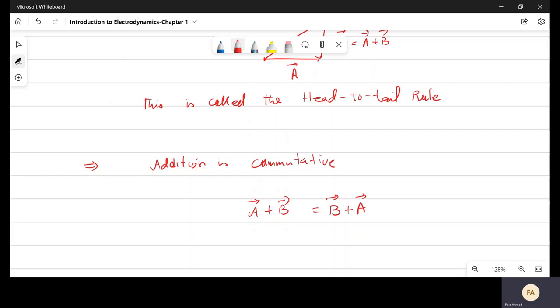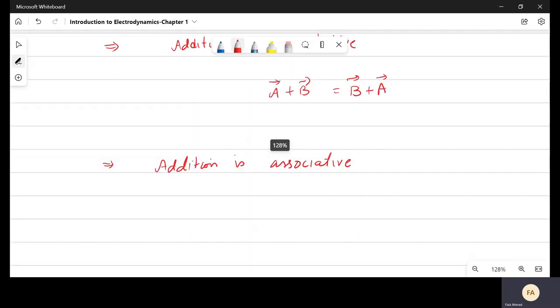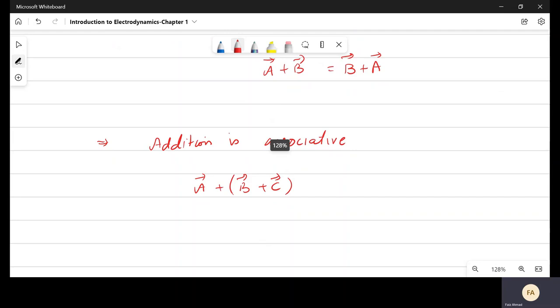So addition of two vectors is commutative, and also addition is associative. So if you have three vectors, say A plus B plus C, it doesn't matter which two vectors you are going to add first and then the third one, the result will be the same. So if we add B and C first and then add A, the result will be same as if we add A and B and then add C.